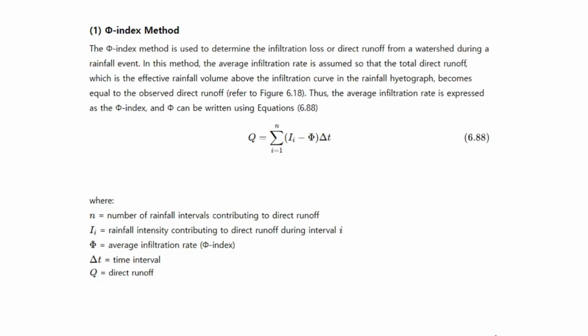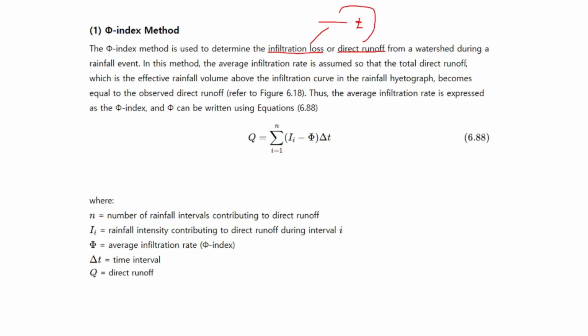Okay, phi index method. The phi index method is used to determine the infiltration loss or direct runoff from a watershed. Infiltration loss will be everything below the phi index, and direct runoff will be everything above the phi index line from a watershed during a rainfall event.